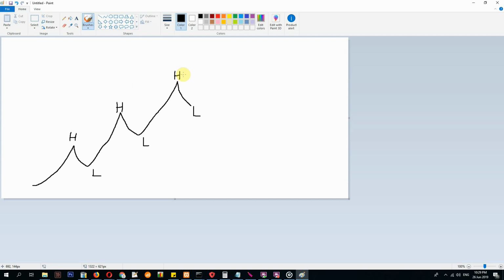This whole thing is called market structure, meaning the structure of the market is higher highs and higher lows, which means we are in an uptrend. This move is what you call an impulse.